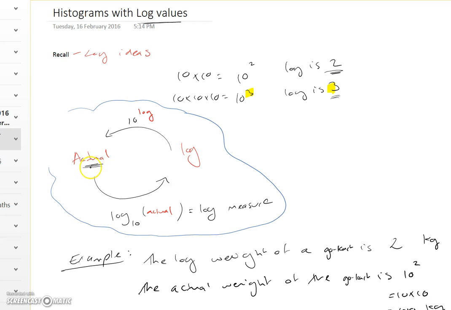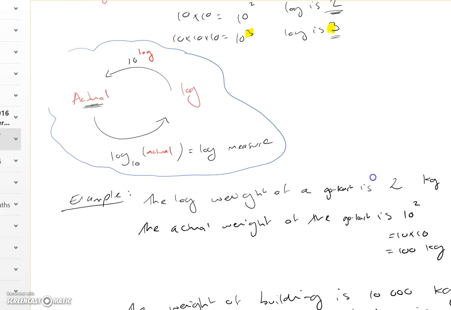And if you have an actual measure, say weight or something, and you want the log of that measure, you do log to the base 10 of your actual amount, and that gives you the log measure.